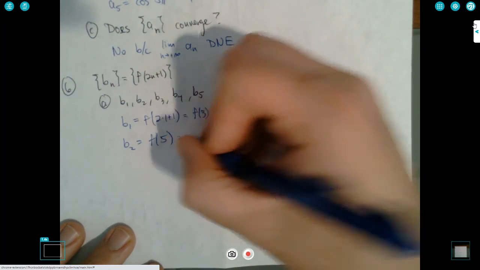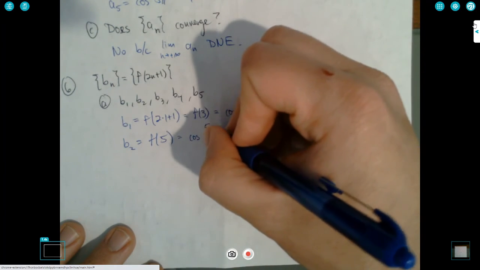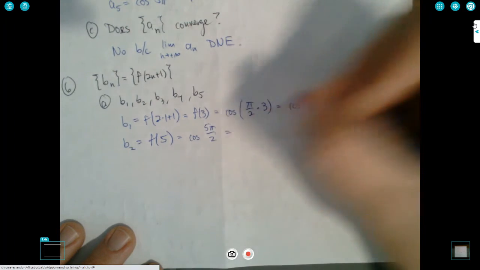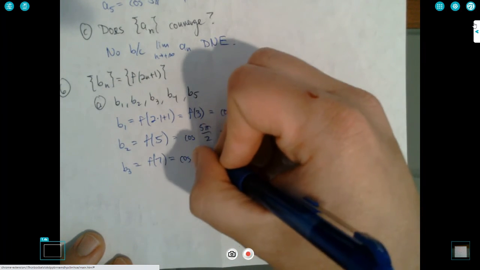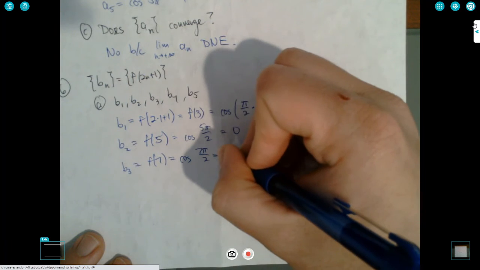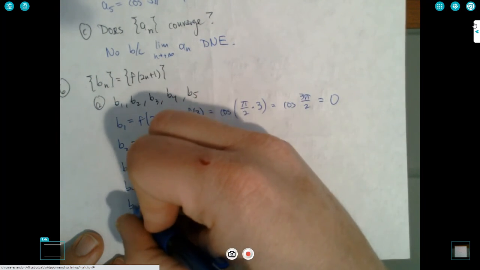I'm going to skip some steps, but that's going to give us cosine of 5 pi over 2, which is also 0. Okay, so this is interesting. b3 is going to be f of 7, which is cosine of 7 pi over 2, which is 0. b4 is going to be 0. b5 is going to be 0.